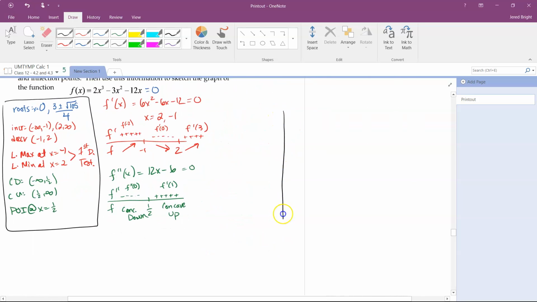Okay, so my graph, I'm going to do it over here. So I know there's going to be some roots. There's going to be a root at 0, and then let's see, what are the other numbers I need to pay attention to? So there's negative 1, and that's really all I need on that side. Then there's 1, 2, I need to pay attention over there.